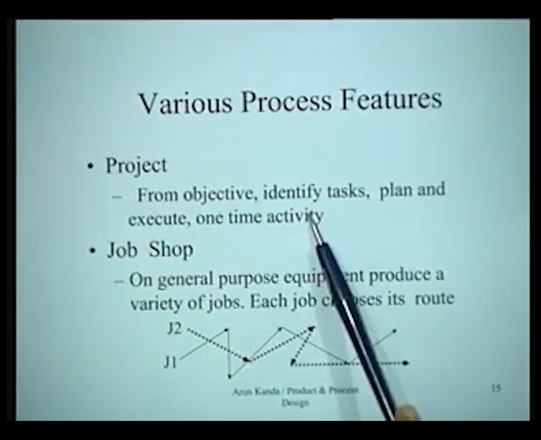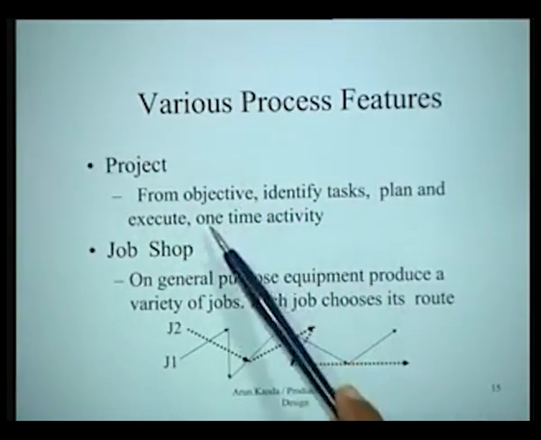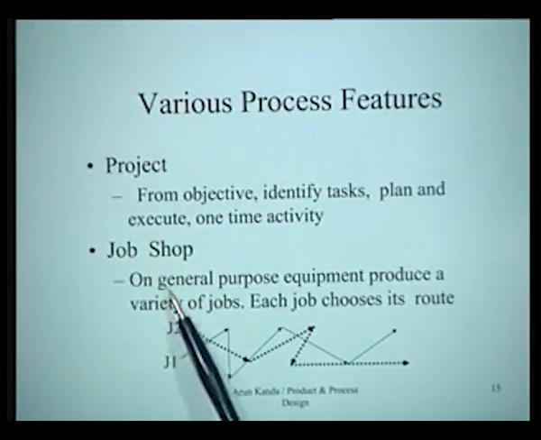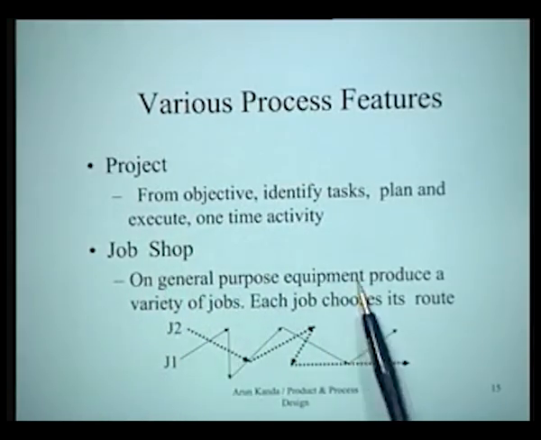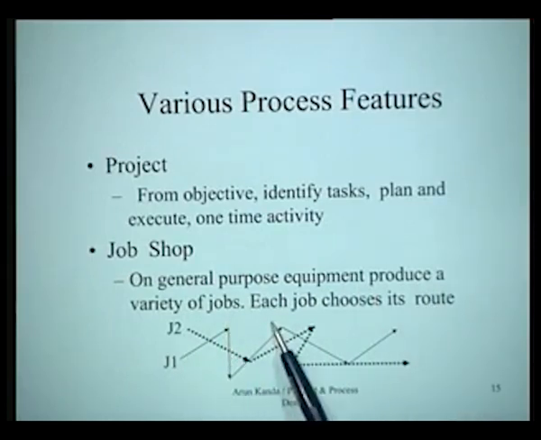And this entire thing is generally a one-time activity, remember that. So it's not repeated again and again. You set it up for one situation and then do it. On a job shop, what happens is you are using general purpose equipment. So on general purpose equipment we produce a variety of jobs, and each job chooses its route. So first job goes from one machine to another machine and keeps on going around in the job shop.